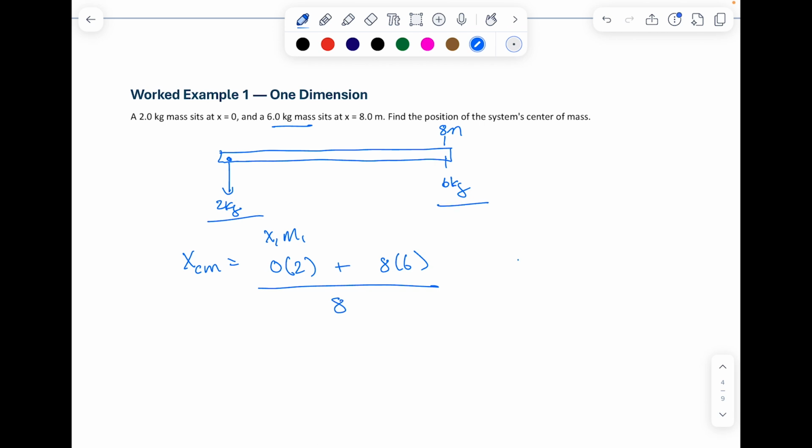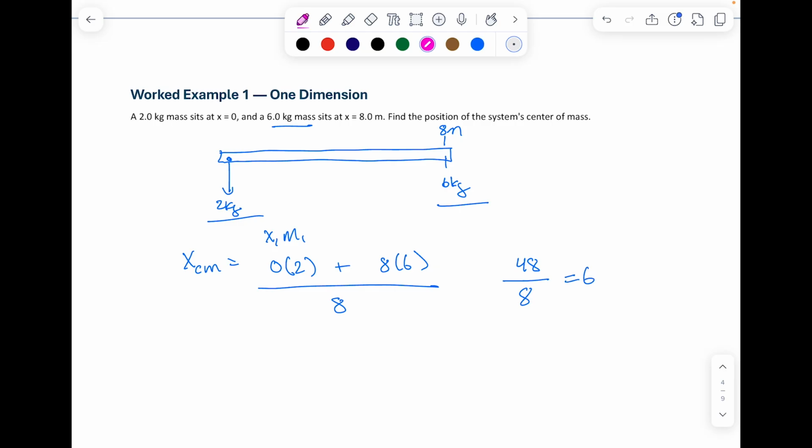So that's going to be 8 times 6, that's 48 over 8, which of course is 6.